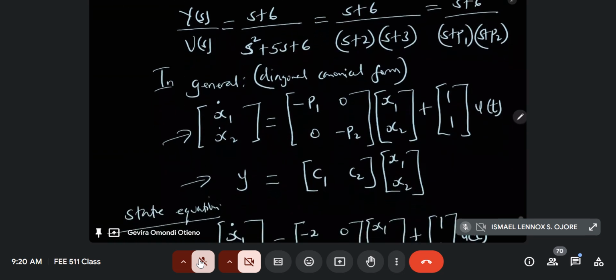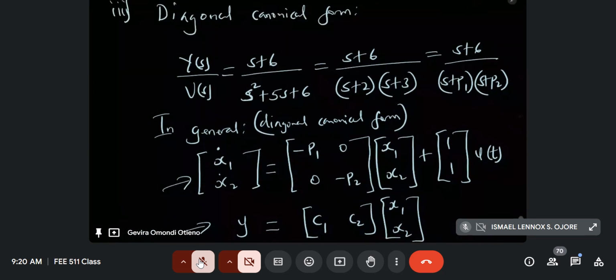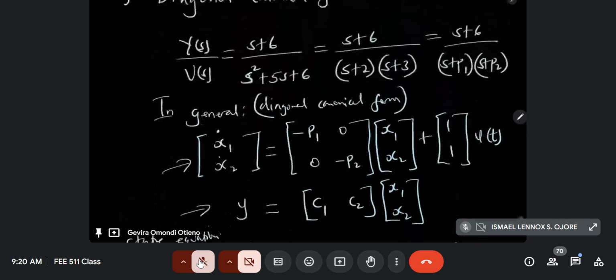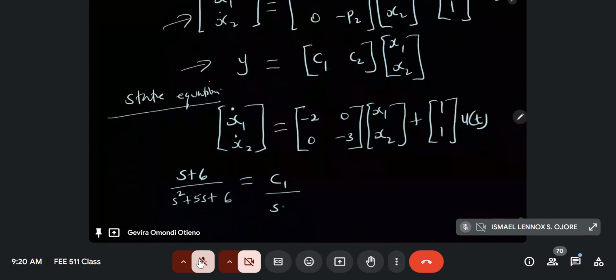Now we have to factorize the numerator for the output matrix. So for us to obtain C1 and C2 for this output vector, we would have C1 over s plus 2, plus C2 over s plus 3. That's how we write it in that form.